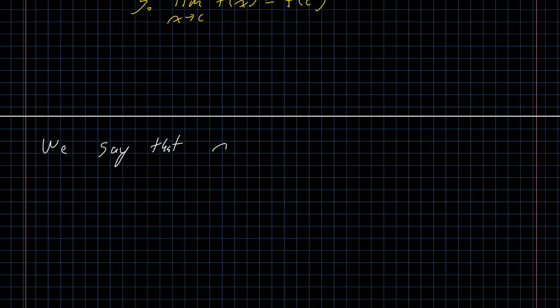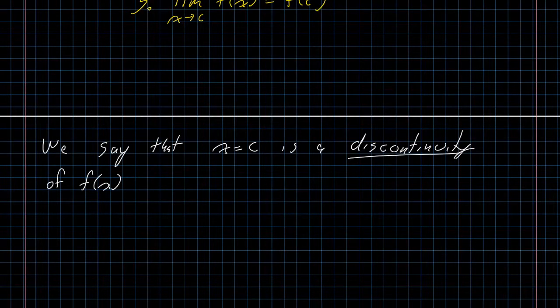We say that x equals c is a discontinuity of f of x if and only if f is not continuous at c.